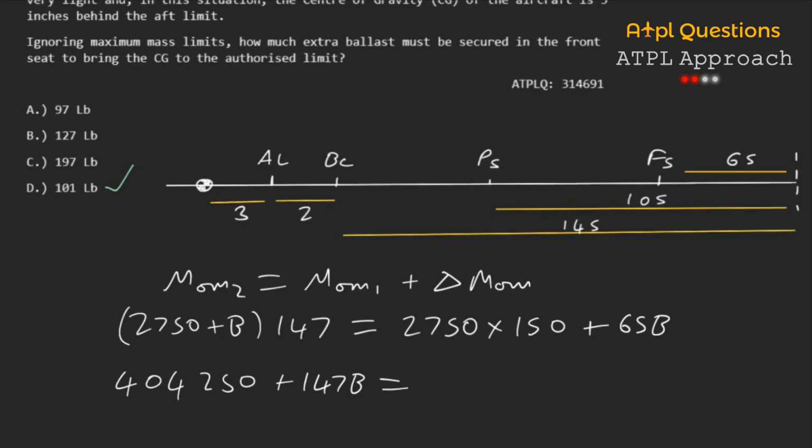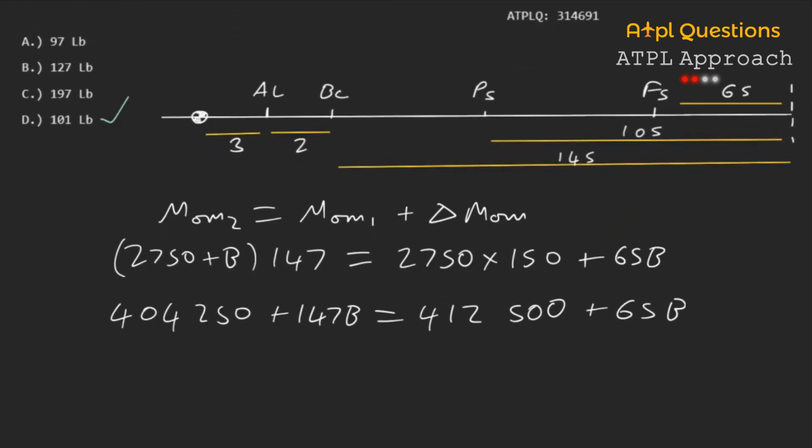That gives us 412,500 plus 65b. Then we rearrange to get b on one side and all the numbers on the other side. So I'm going to subtract 65b from both sides. That gives us 82b is equal to 8,250. We then divide both sides by 82, and that gives us our 101 pounds.